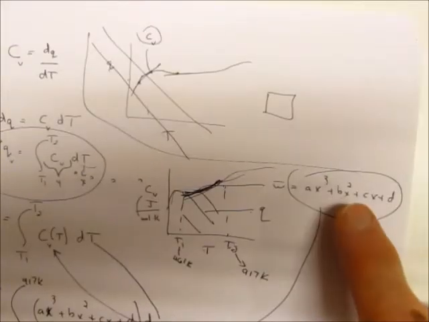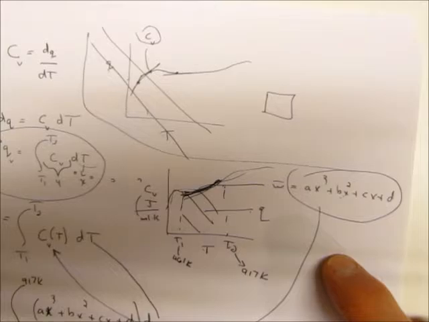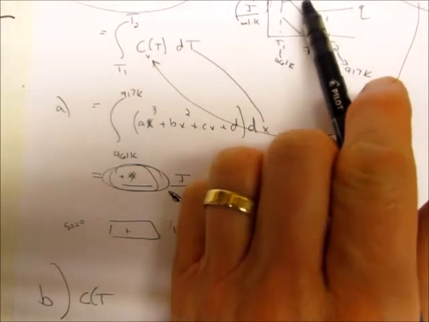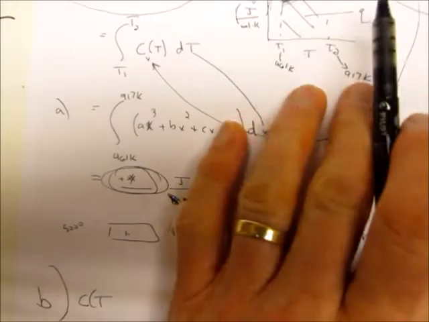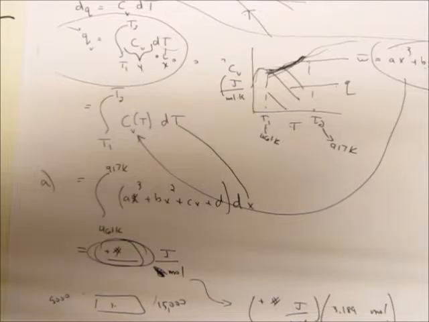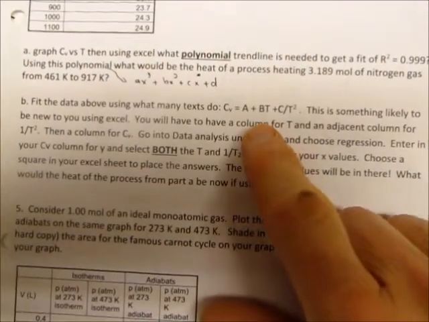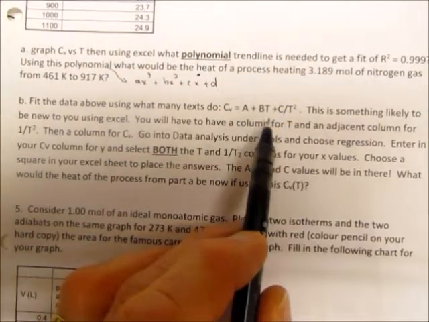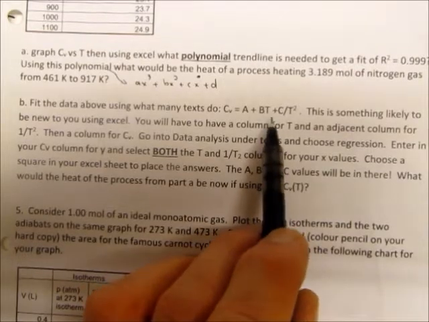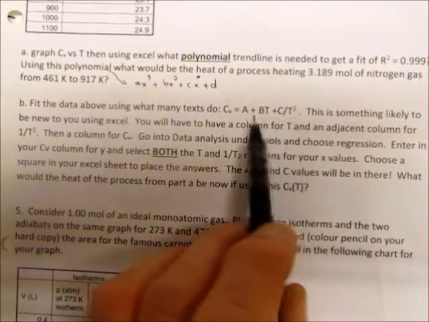Part B. Now notice what we're doing here. Part B wants you to come up with a fit that a lot of textbooks ask us to do. You can't right-click on this and ask Excel to cough up that fit. There's no option for Excel to say, we'll fit it using this relationship.